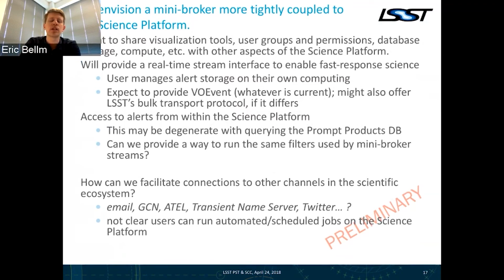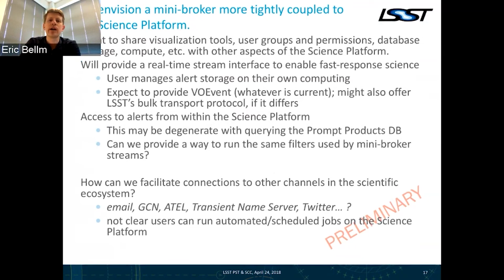But I think in particular, the alert packets have quite a lot of contextual information. It would be nice to be able to, if it is a query-based workflow as opposed to a stream-based workflow, to at least be able to use those same Python-type filters that access all of that information from the alert packet. So again, this is an area where I think there are some questions to be resolved.